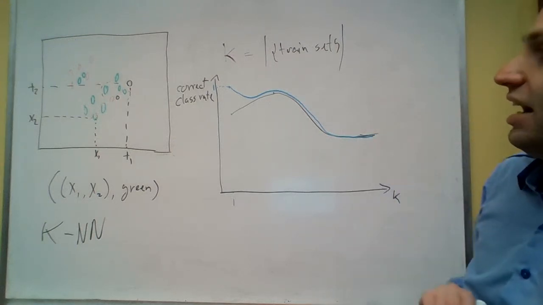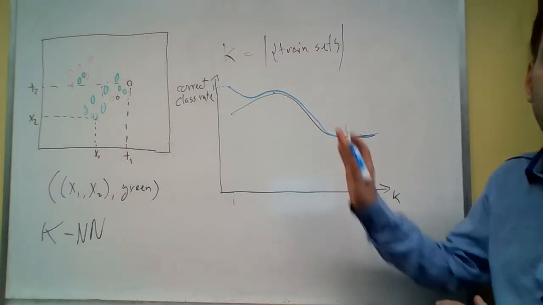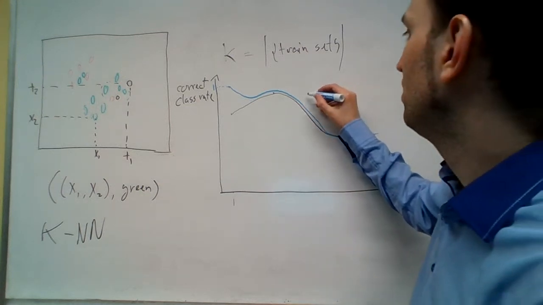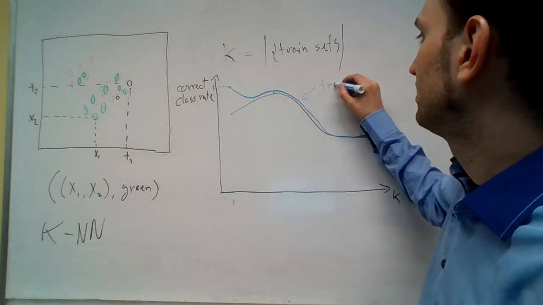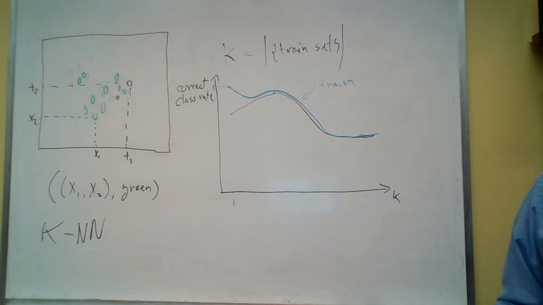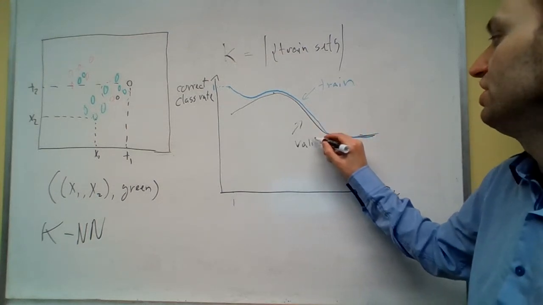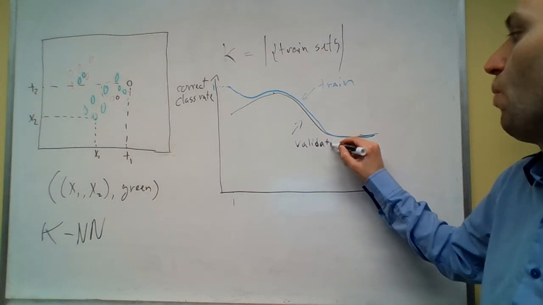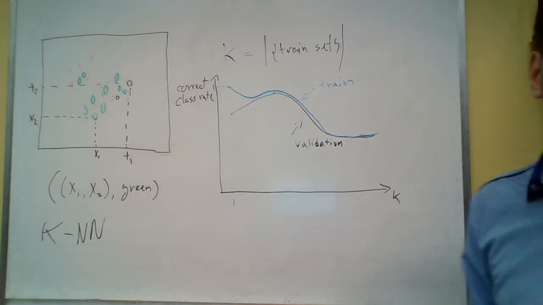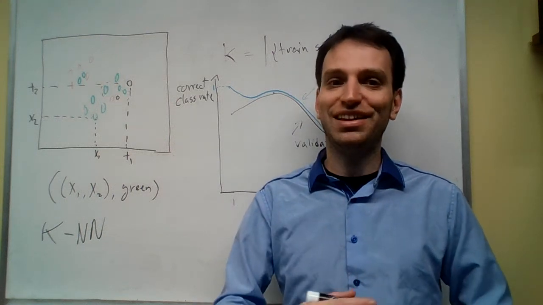So like that. Or maybe we'll be a little bit higher. But basically this is going to be the story, where this is the training set and this is the validation set. So this is, of course, for the case where everything basically works. Sometimes things break. We'll talk about it in the next video.